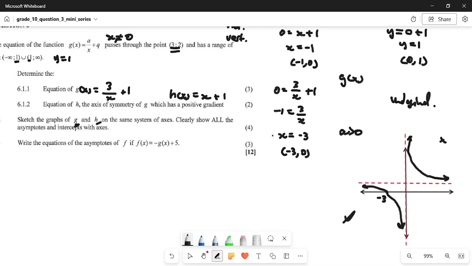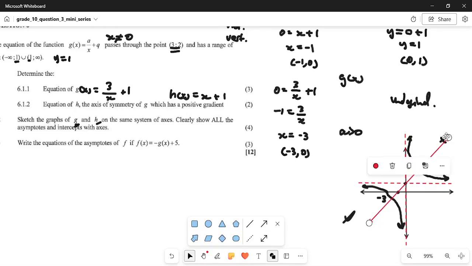And then our axis of symmetry intercepts at -1 and 0. So if that's -3, let's say -1 is somewhere there, and then 0 and 1 is exactly where our two asymptotes intersect. That means our axis of symmetry, with a positive gradient, moves like that. Even though this diagram is not according to scale, it looks almost good, hey?